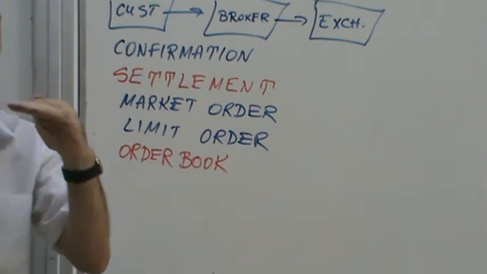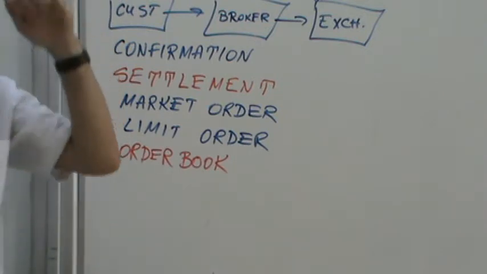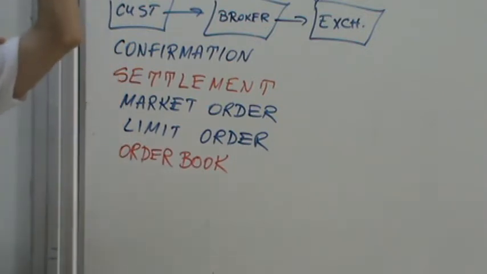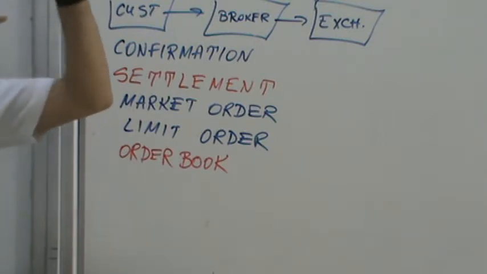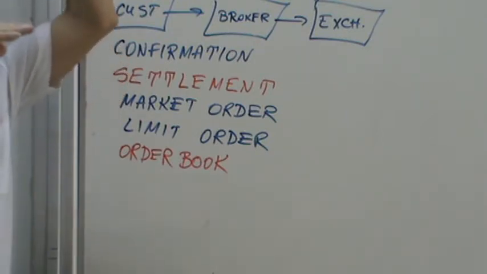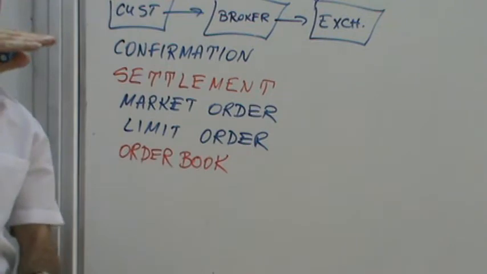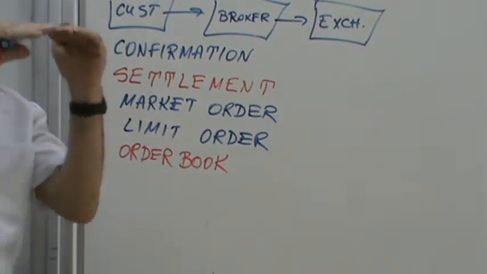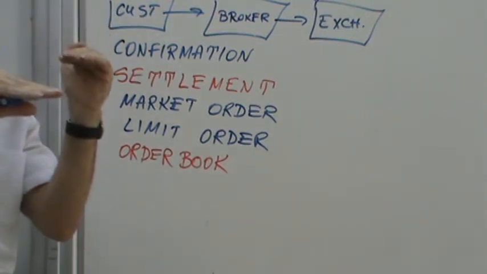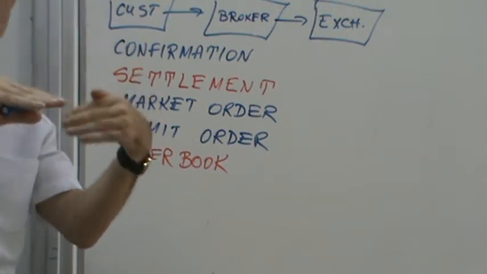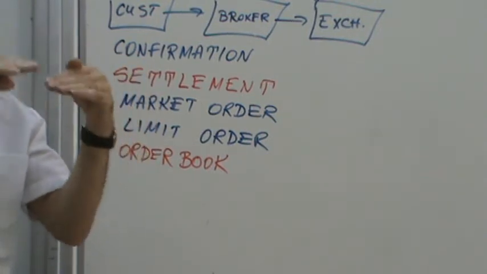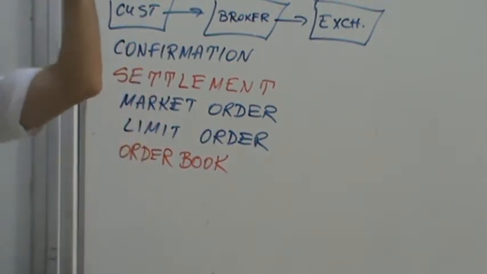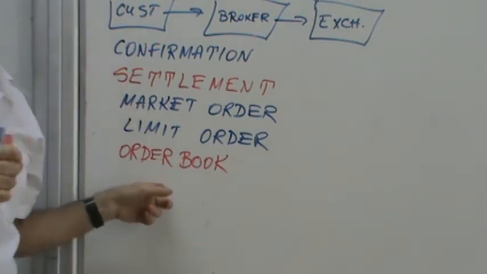Basically, it will sort all orders by price. If they're above the current market price, these will be orders to sell. And if they're below, there will be orders to buy. If the price goes down, it will execute those orders to buy. If the price goes up, it will execute those orders to sell.